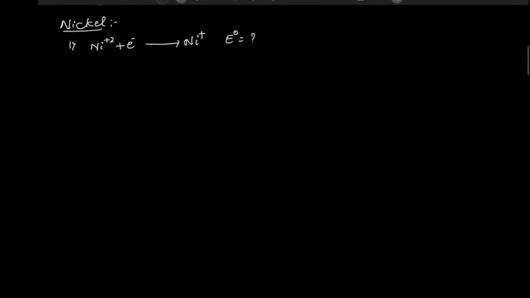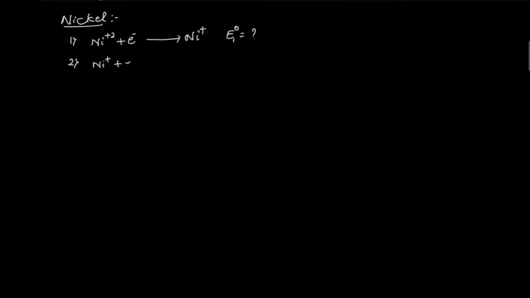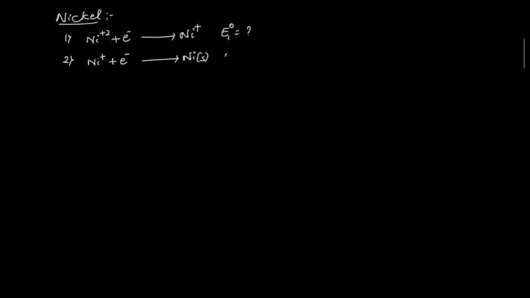Here, for this, you will have two reactions. That is, nickel +2 is getting converted into nickel +1 by accepting one electron. Let us calculate the E naught value for the first step. And the second reaction is nickel +1 getting converted into nickel 0 by accepting one more electron.